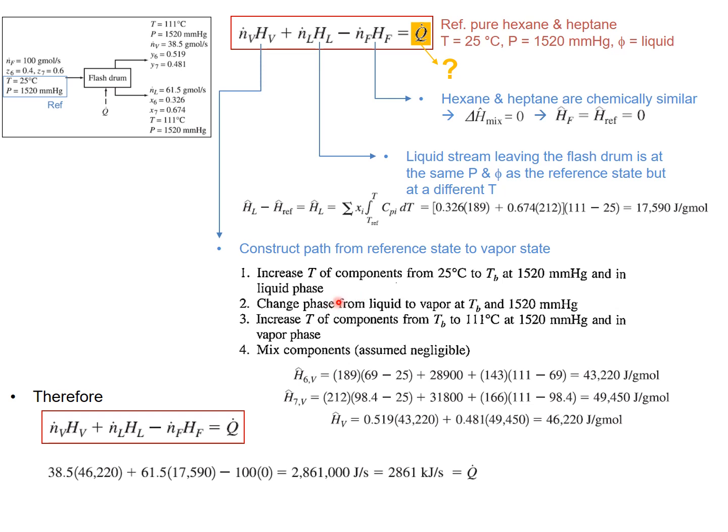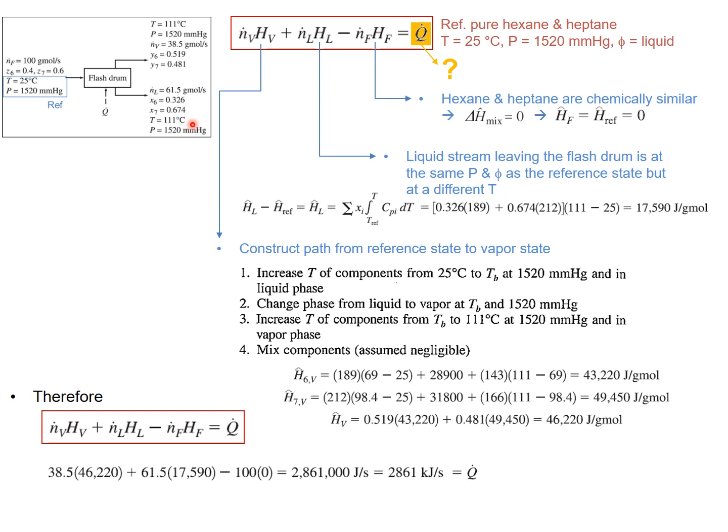The temperature is different from the reference: 111 Celsius degree for this stream, but the reference is 25 Celsius degree. So you should increase the temperature. The other thing is the phase. This is the vapor phase, however our reference phase is liquid. So we have two differences there, temperature and phase.